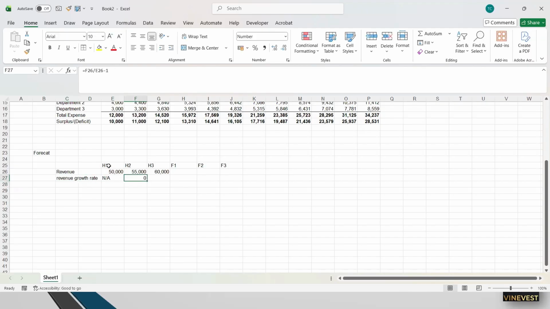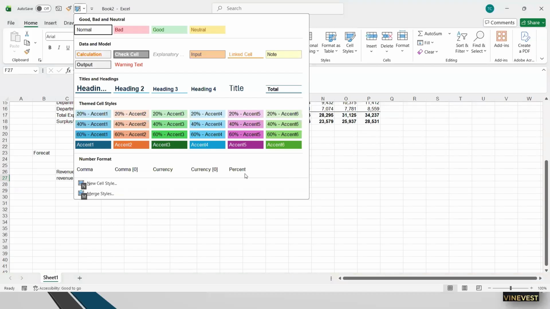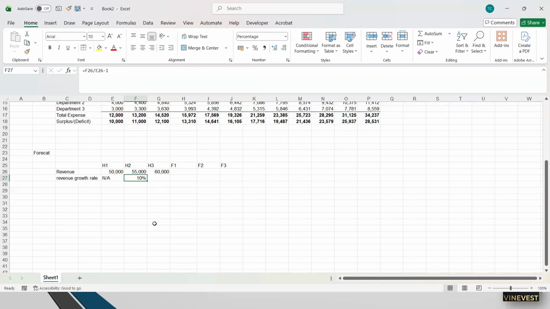So I can just use my percentage formatting to represent that. Do you get me? Yes. Okay, so we can as well say that since our revenue growth rate for the first and second year was 10% and 9%, management can say, okay, maybe let's just put it at 8% going forward, right?